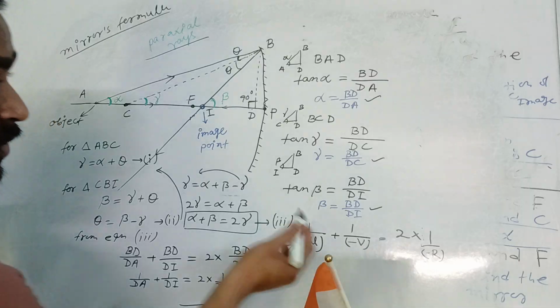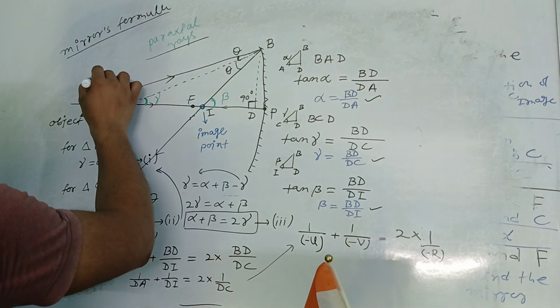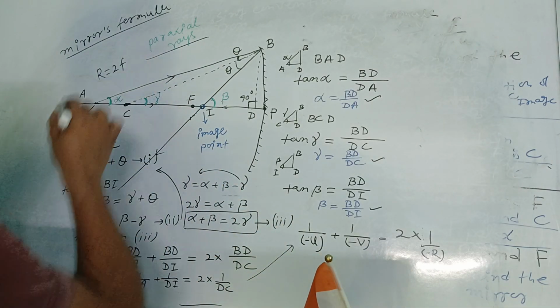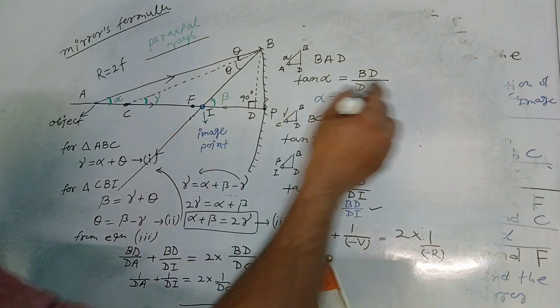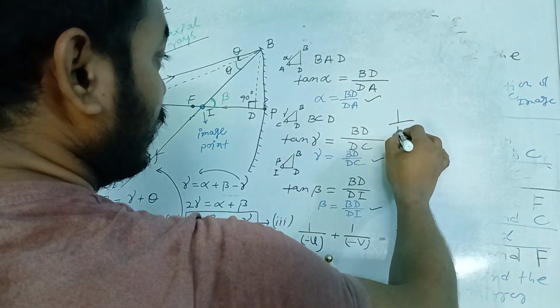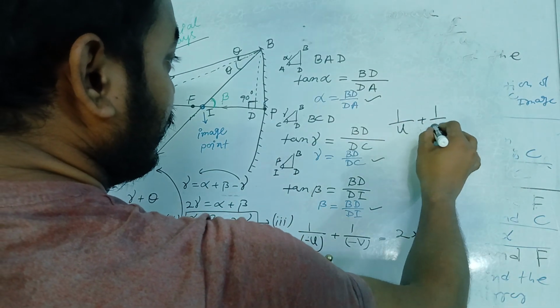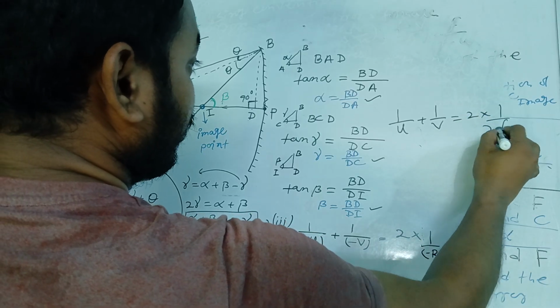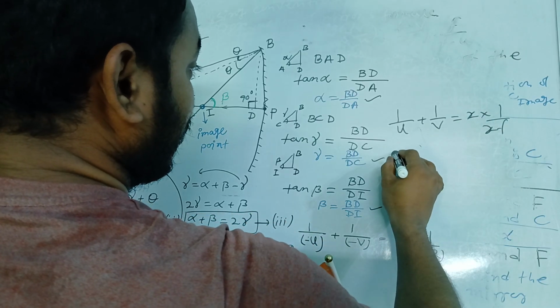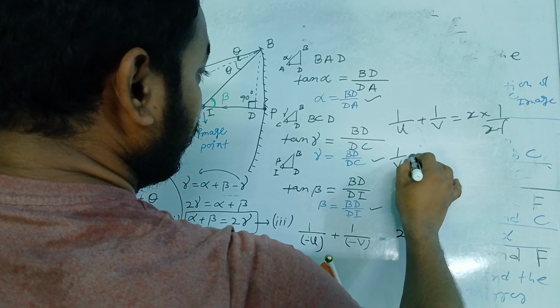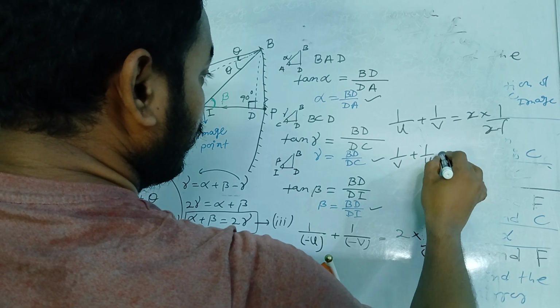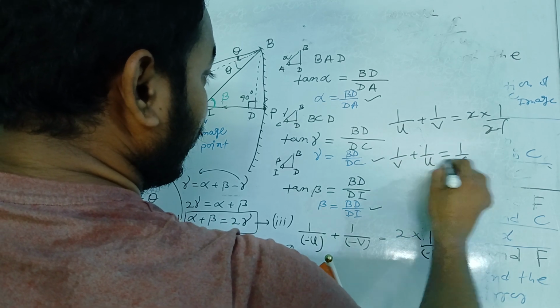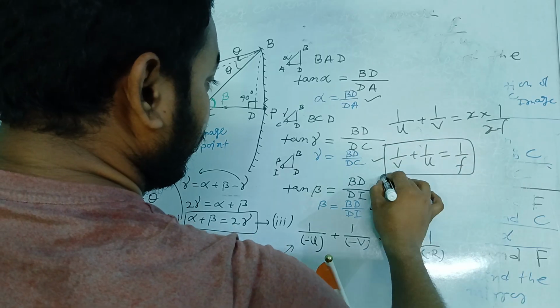And r, we know the relation between r and focal length: r equals 2 times f. So just put it over here, we can write 1 by u plus 1 by v is equal to 2 times 1 by 2f. So 2 cancels, and we can write 1 by v plus 1 by u is equal to 1 by f, and this is our mirror formula.